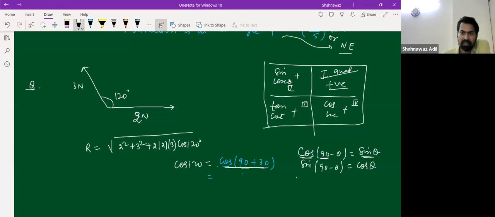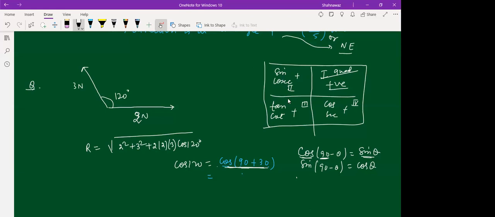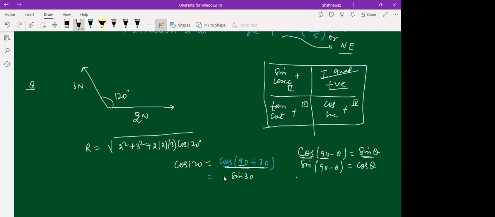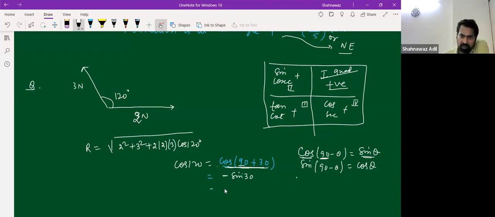Second quadrant, right? And in the second quadrant, cos is negative. Only sine and cosec are positive, right? This is 90, so cos would change to sine 30, and the sign would be plus or minus? Minus, sir. So cos 120 would be minus half.